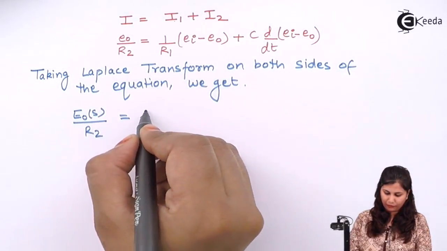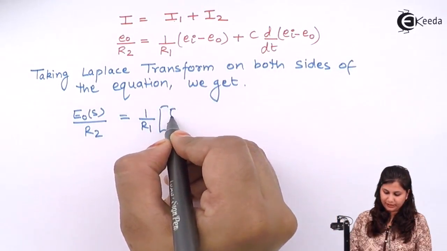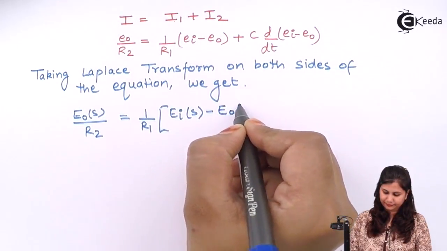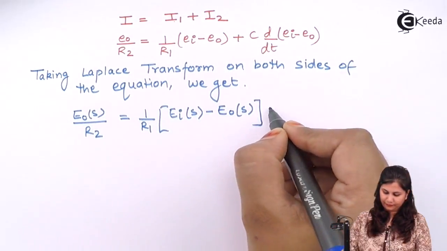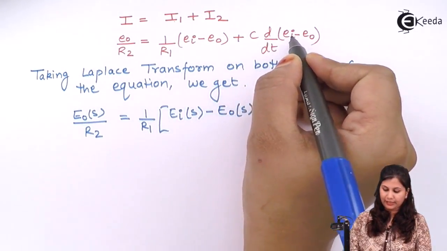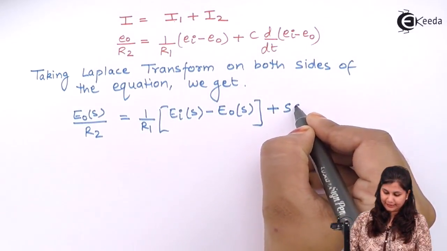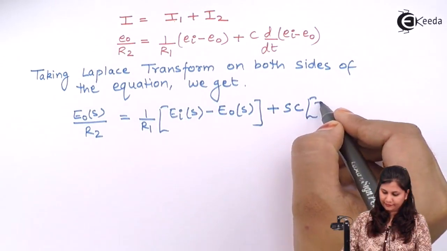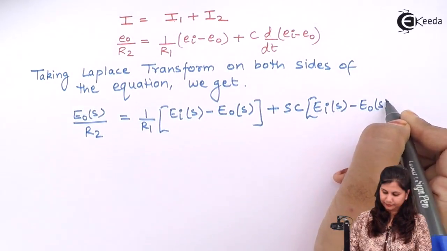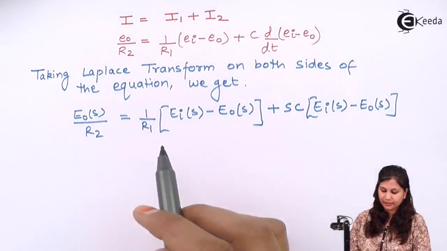Here we have 1 upon R1 times the Laplace transform of EI, which is EI(S), minus E0(S), plus the Laplace transform of C d by dt of the voltage difference, which will be SC times EI(S) minus E0(S). So we have obtained the Laplace transform of this equation.